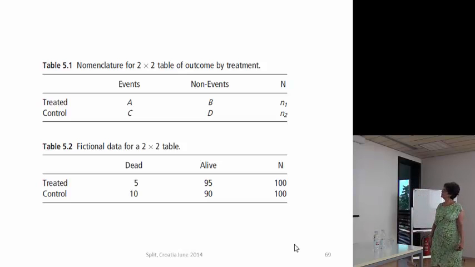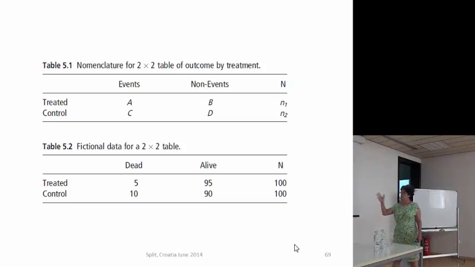So here's a table on top. Okay, we'll call events in the treated group A and non-events in the treated group B, events in the control group C, and non-events in the control group D. And on the bottom, you can see that you have 100 in each of the treated and control groups.